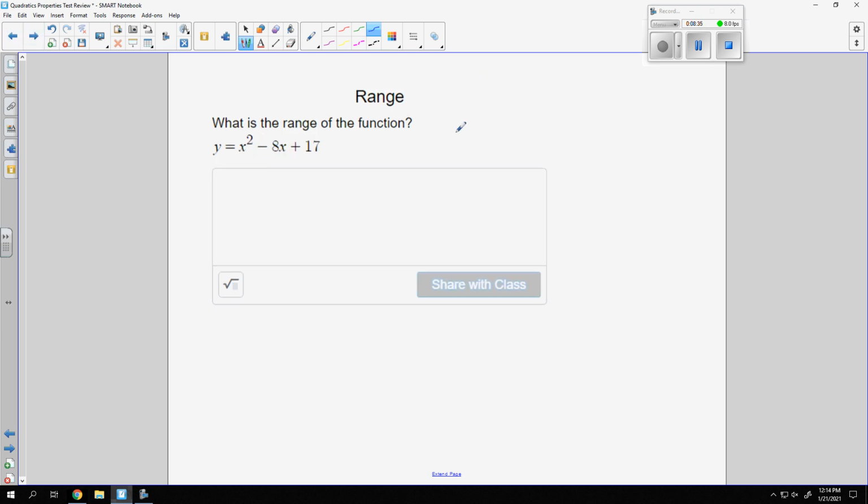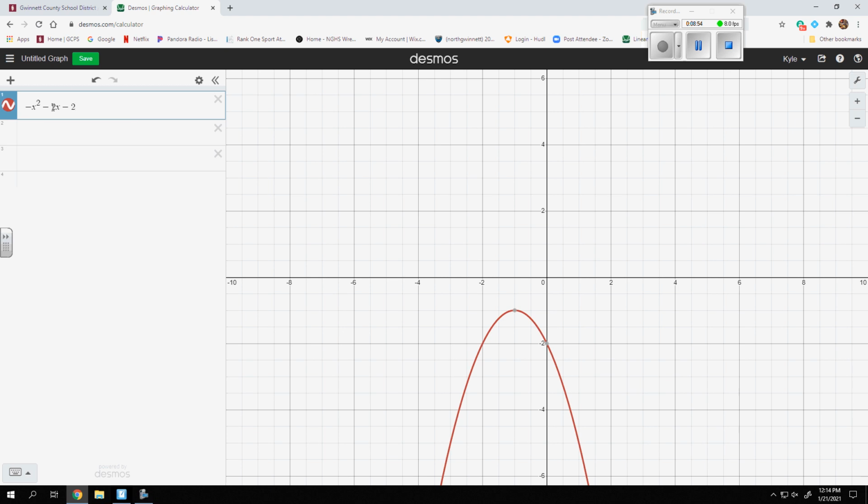And once again, range of a function. This time it's going to open up. Right? It's always going to open up because it's a positive in the front. So all of my y's are greater than or equal to whatever my min is. All right, so instead of trying to go through all the work, I can use that Desmos calculator.